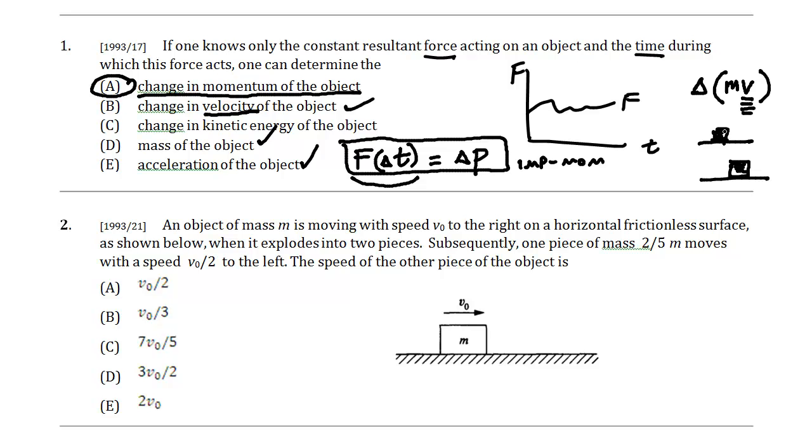You could be pushing a small object with a larger force or a large object with a smaller force. And also, you don't know the kinetic energy because velocity is squared with the kinetic energy, and mass is not squared. And again, you don't know how much of this change in momentum would be mass and how much would be velocity. So A is the answer to number 1.